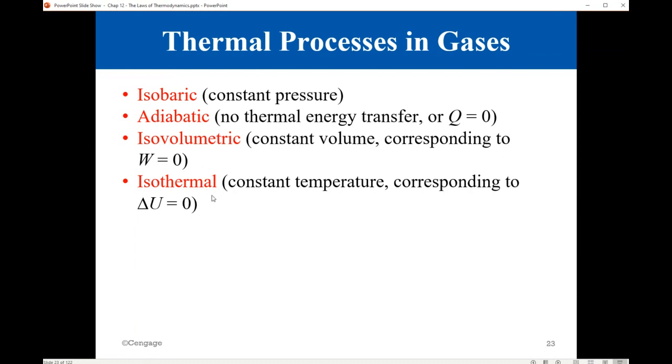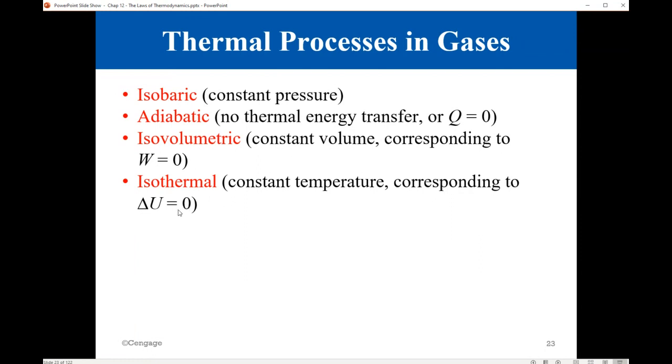The last group of processes are the isothermal. Here the temperature is constant. We know that temperature determines the internal energy for the system. So if the temperature is constant, it's not changing, then the internal energy will not be changing. Delta U equals 0.